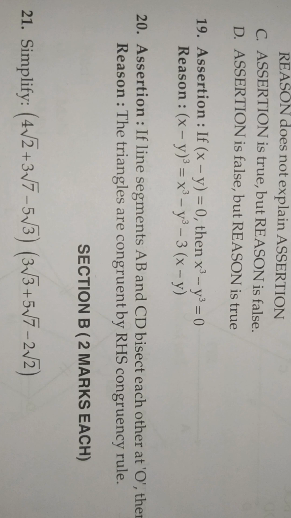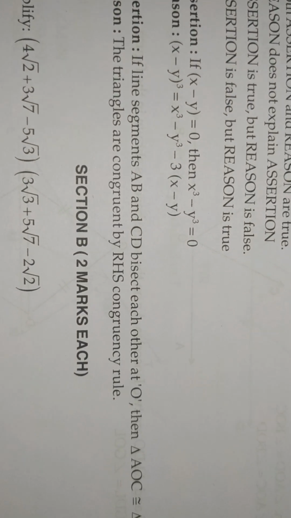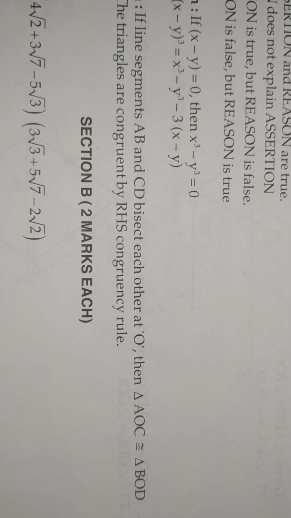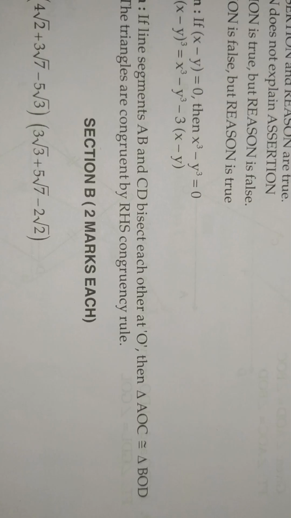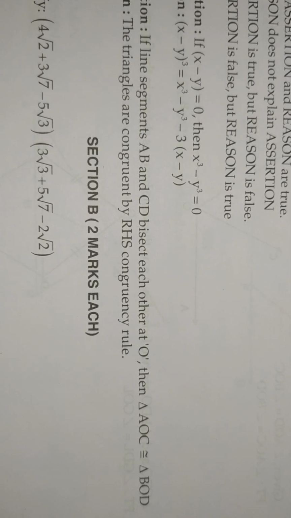If the line segments AB and CD bisect each other at O, then triangle AOC is congruent to triangle BOD. This is correct.